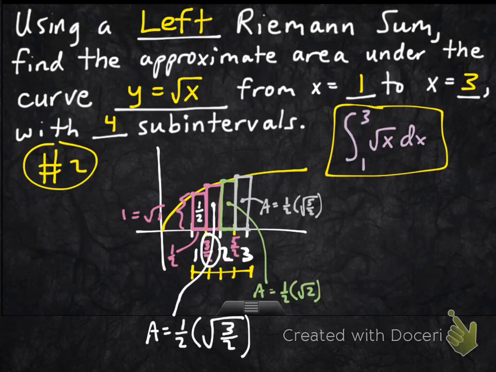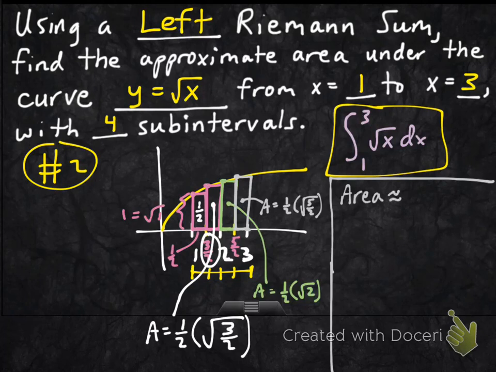So putting all of this together, and summarizing everything we just talked about, the area is approximately equal to the sum of the areas of all 4 of those rectangles. The first rectangle had an area of 1/2.